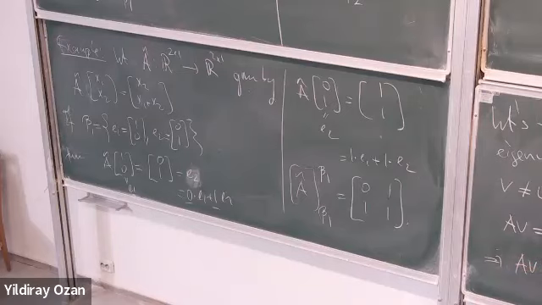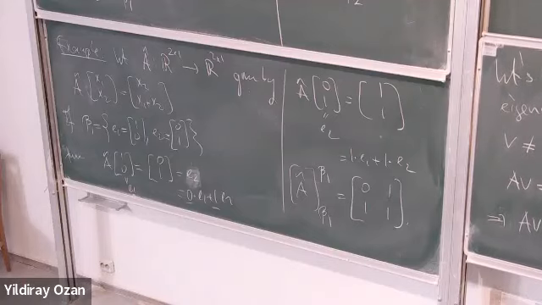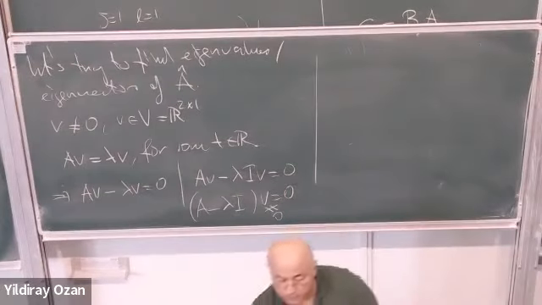AV minus lambda V equals 0. But lambda V can be written like this: identity times V equals 0, and this is just this matrix times V is 0. And since this vector is not 0, this matrix, right?